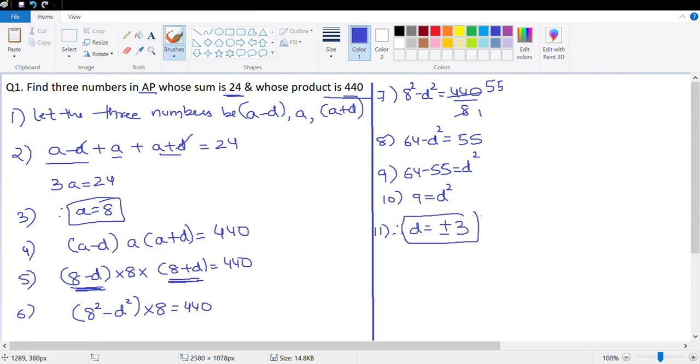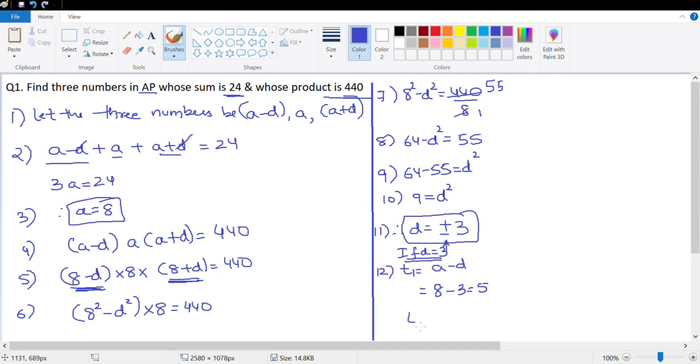I hope you notice the value of d would be plus 3 or minus 3, which means if the value of d is plus 3, then I have an increasing AP. If I have the value of d as negative 3, then I have a decreasing AP. So find the three numbers. First number, which I'm calling T1, was a minus d. So if d is plus 3, then my first term is a, we got a as 8, minus 3, which is equal to 5.